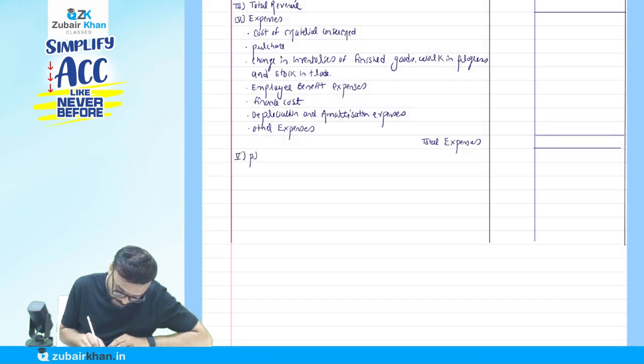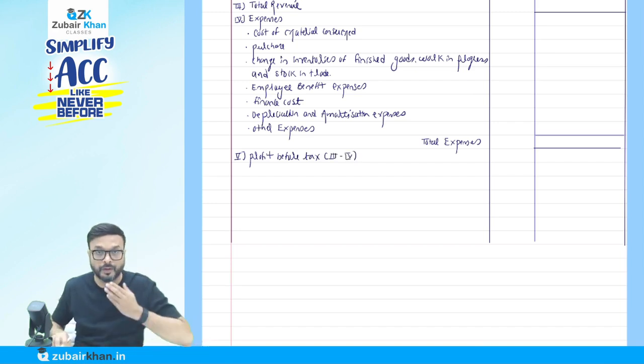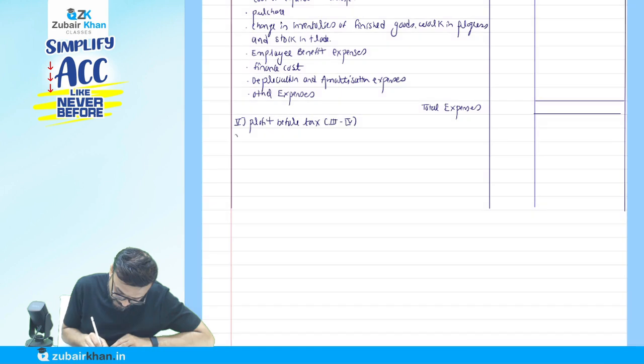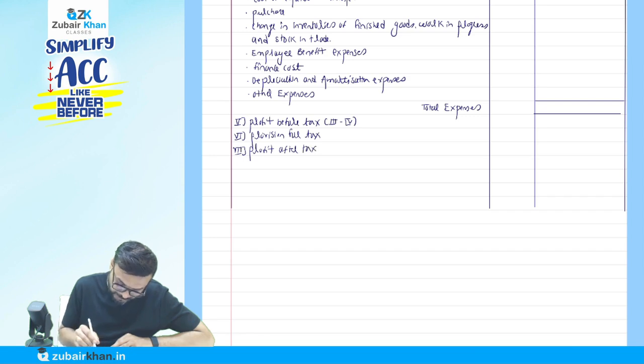Then here fifth is profit before tax, point number 3 minus point number 4. Okay. Then we have provision for tax. Then we have profit after tax.